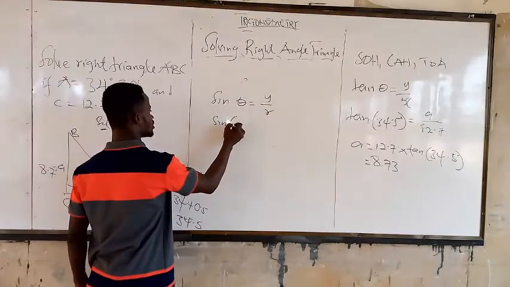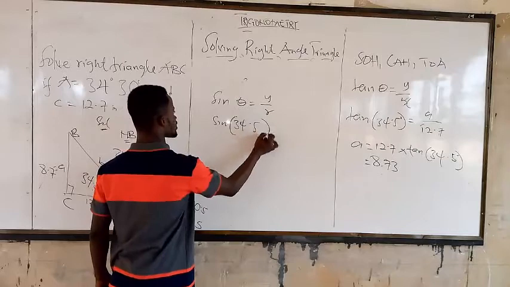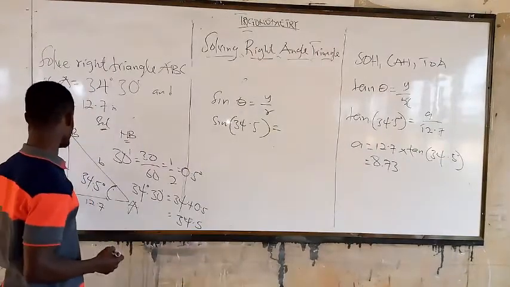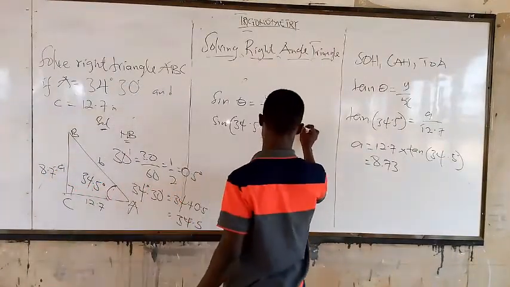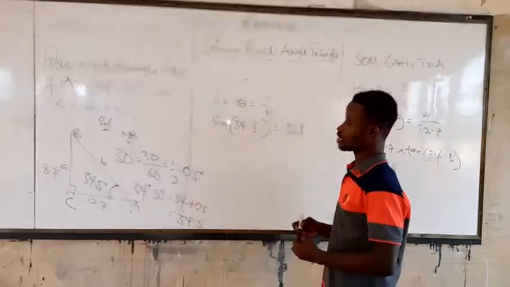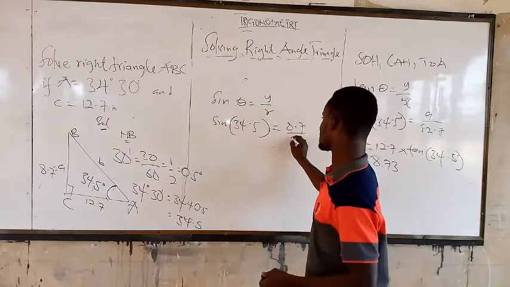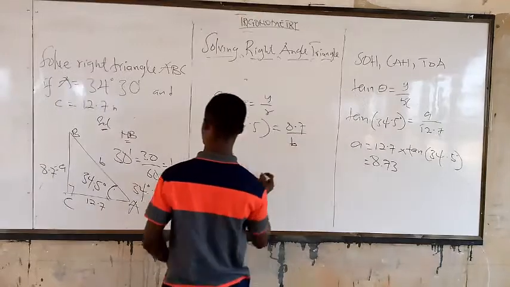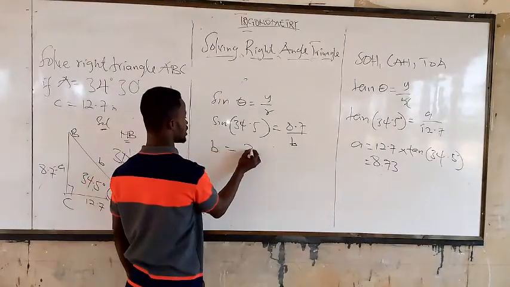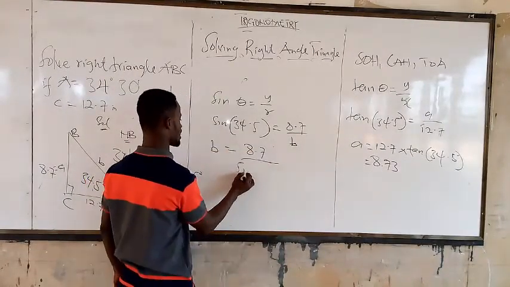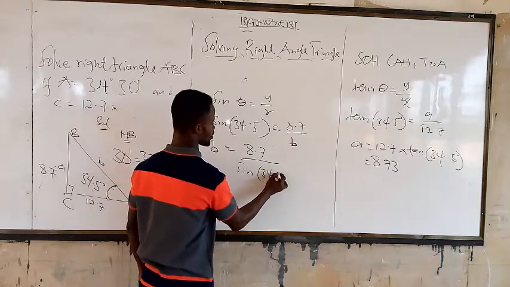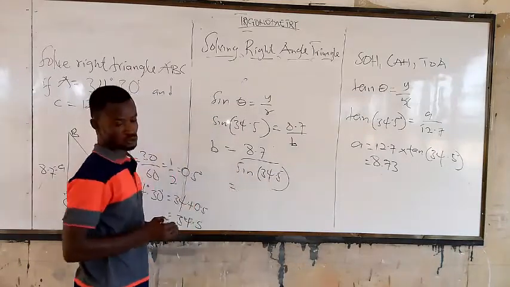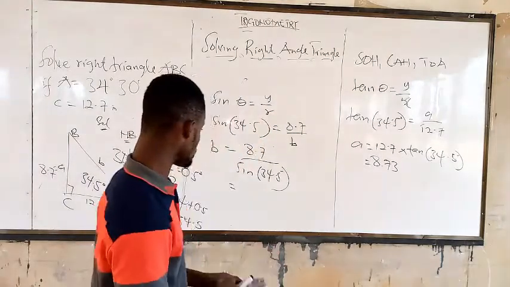Therefore, sine 34.5 is equal to y, which is 8.7, over r, which is the B. So to get B is 8.7 over sine 34.5. So let's see what we are going to get.